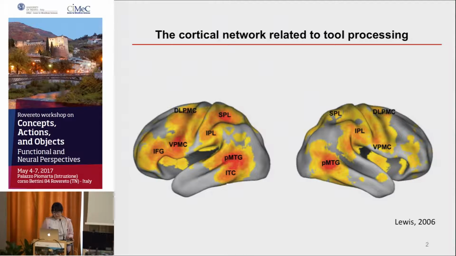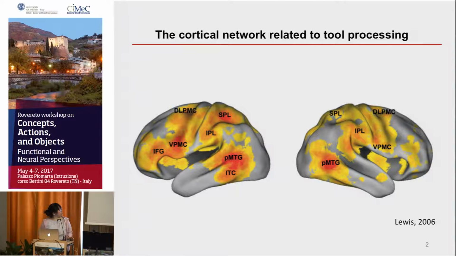It has been well established that the perception of tools activates a large lateralized cortical network, including frontoparietal regions and occipital-temporal regions. What the exact roles of these regions in tool processing are remains unclear.